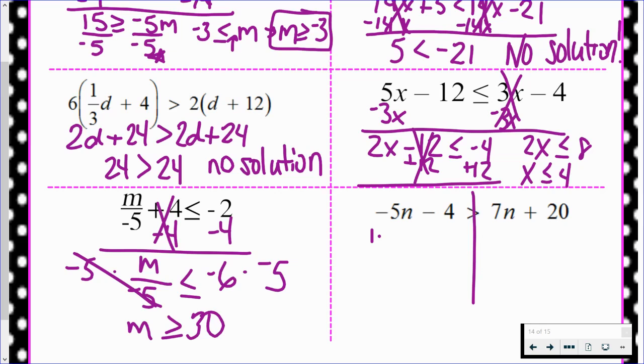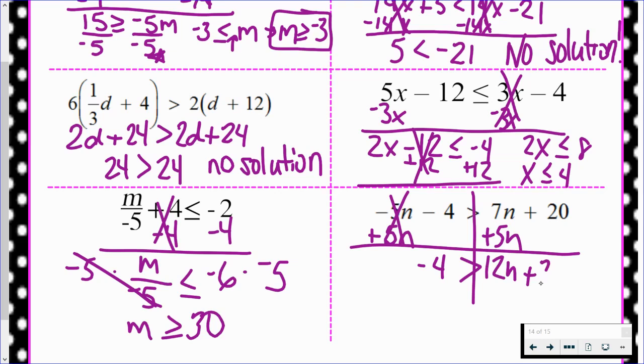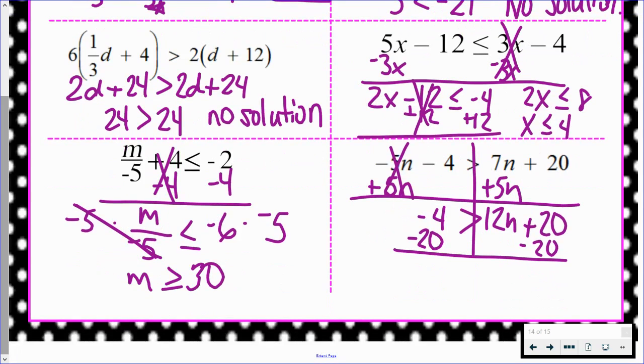And last problem. Add 5n. Now I'm left with negative 4 is greater than 12n plus 20. Subtract 20. We have negative 4 minus 20 is negative 24 is greater than 12n.